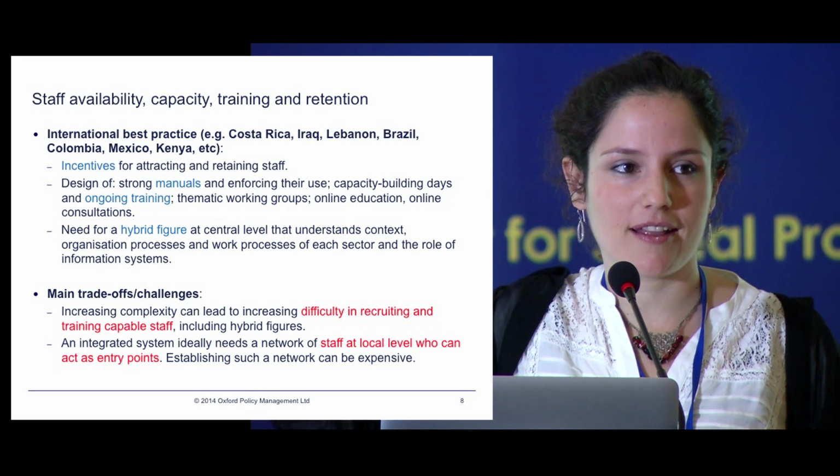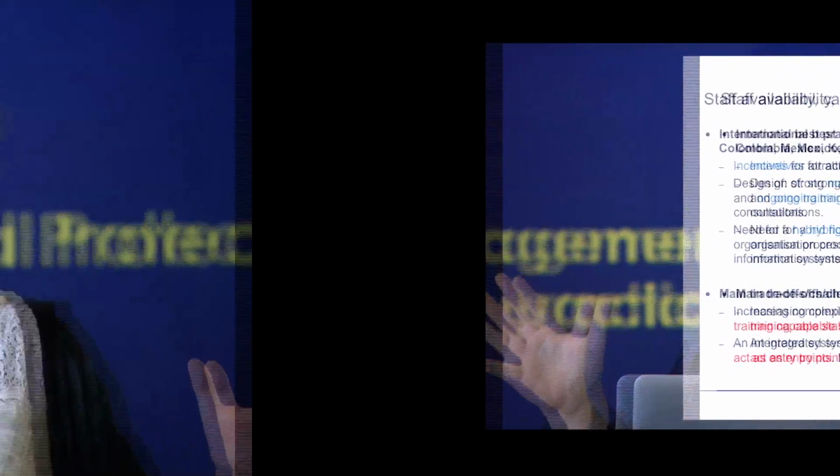So having a standardized approach across the country, especially with a big population, having a strong reference manual on processes and how these should be implemented is essential. And sometimes it's not always the case. It's surprising how many countries actually don't have a manual on how data should be collected, processed, entered, validated. These processes should all be documented.